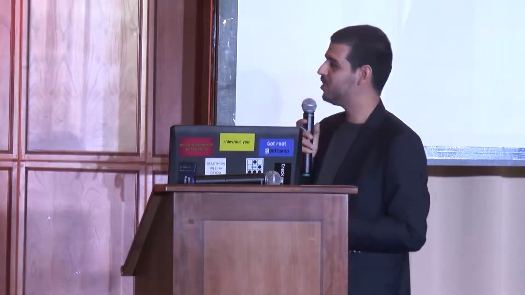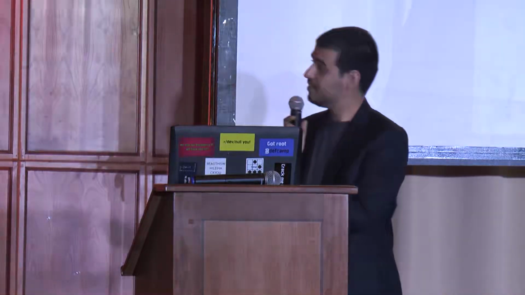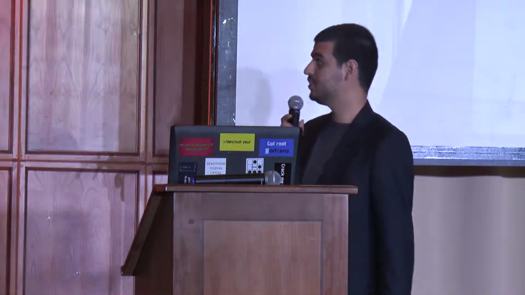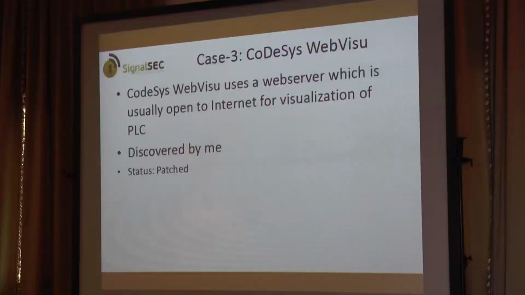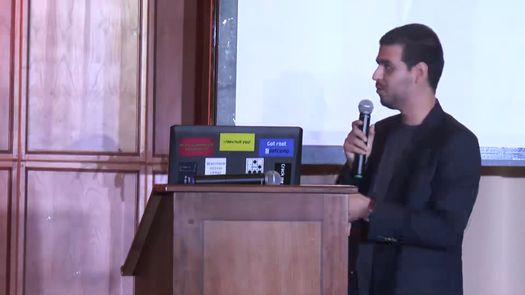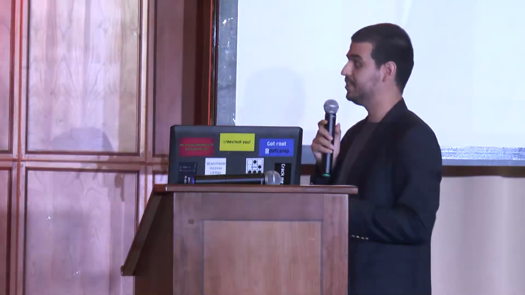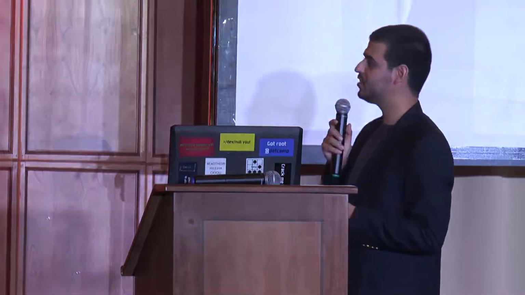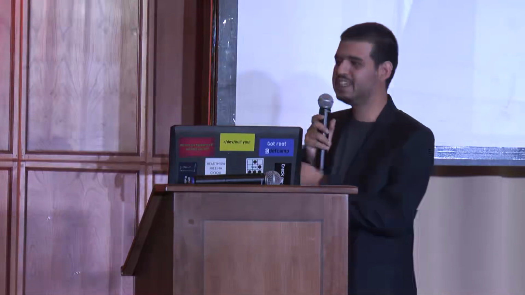And another vulnerability discovered by me in CodeSys again, that's a web server of the application for visualization. Yeah, I said correctly. It opens the SCADA system to the internet for checking it remotely from your home or office. And that application, the web server, has an amazing vulnerability.